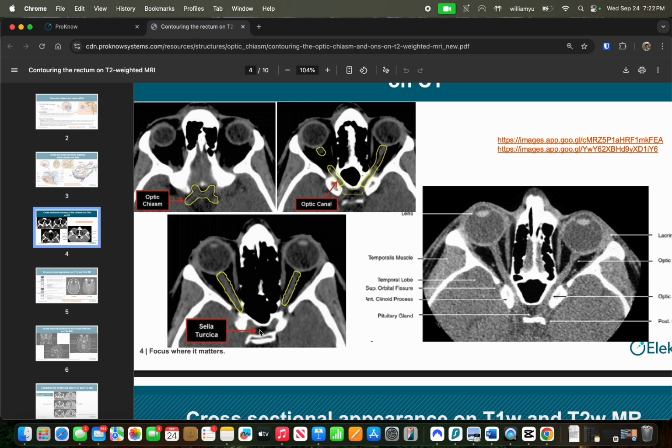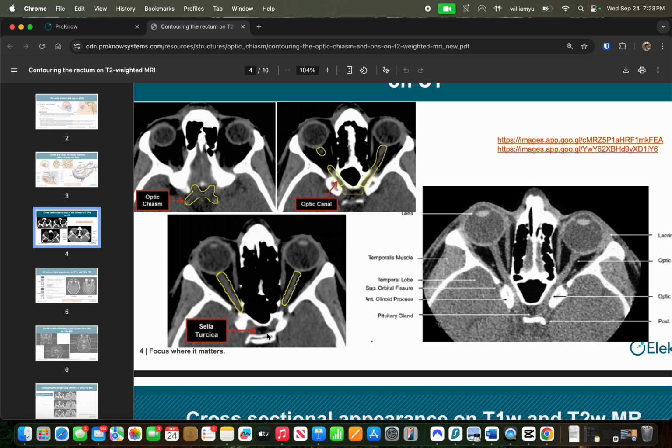And how do we know that? It's because we see this dark portion, which is air, and the pituitary gland sits there. So in summary, we were on the wrong slices because we had assumed that the optic chiasm would stay level with the optic nerve, but it doesn't.